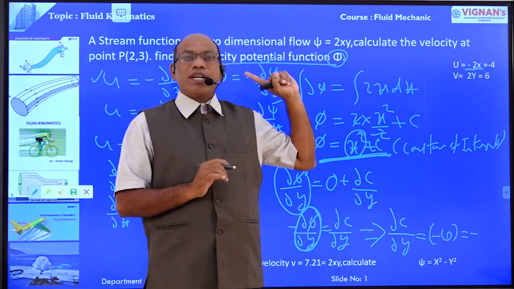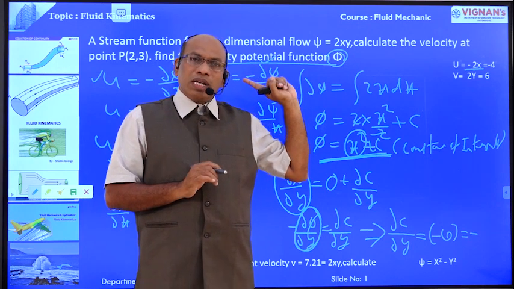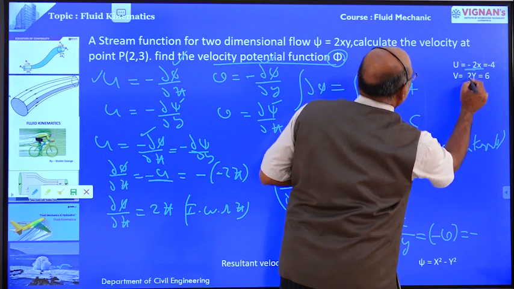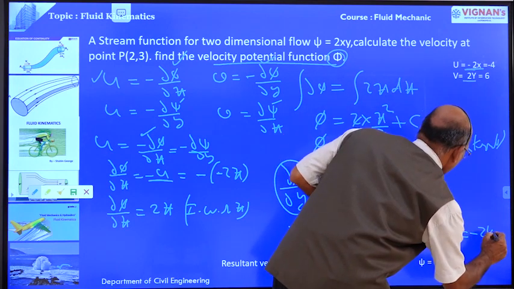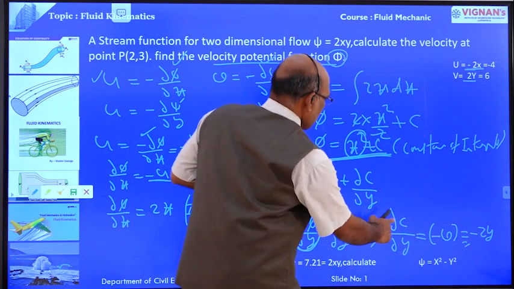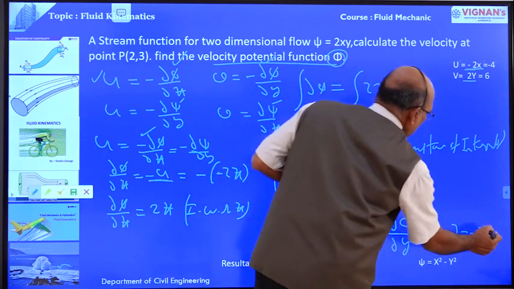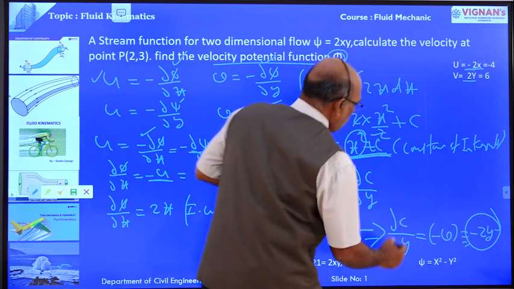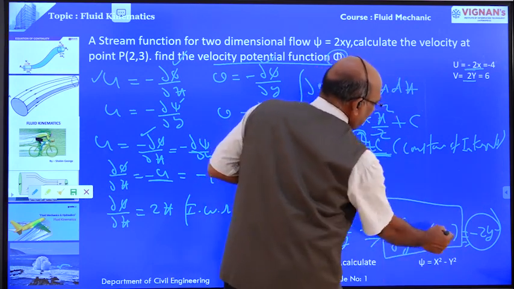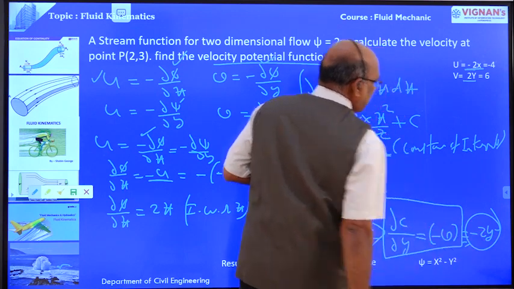Already we have determined it in the earlier slide. v is nothing but 2y, therefore minus of v is minus 2y. This is equal to dou c by dou y is equal to minus 2y.